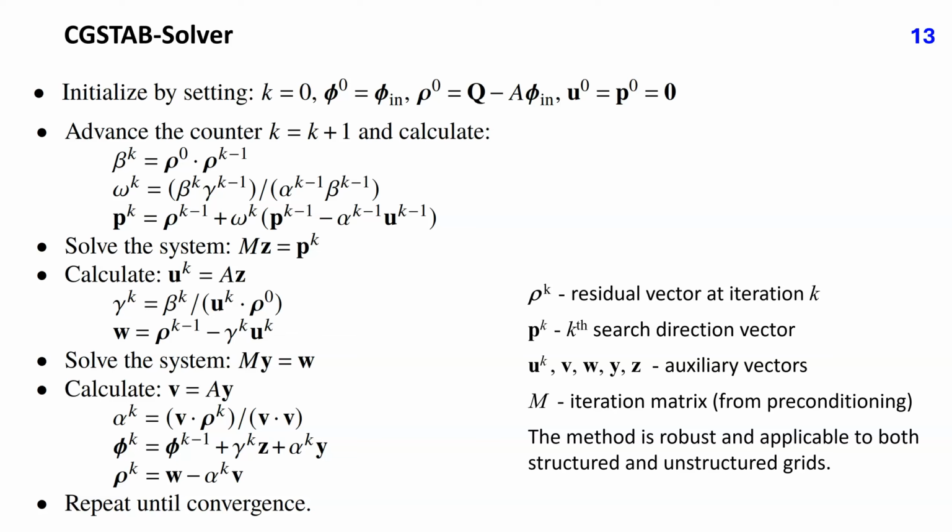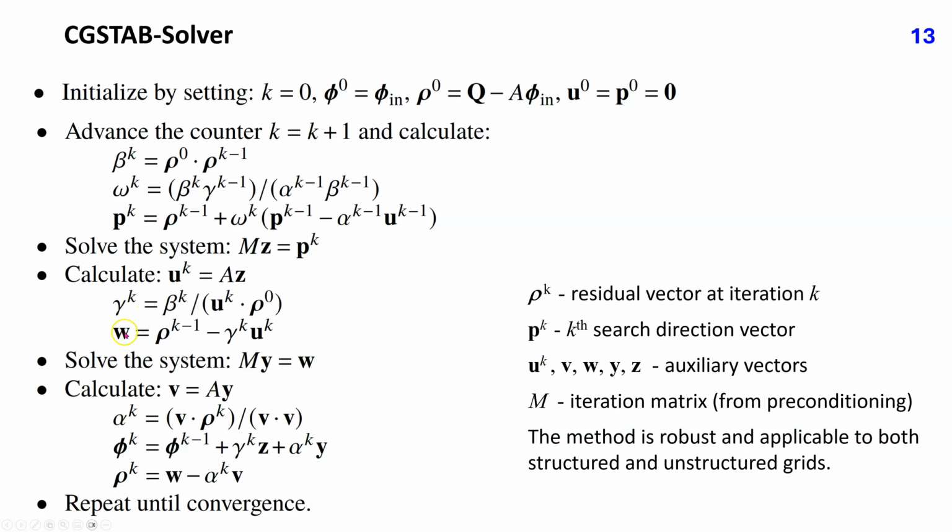M is the iteration matrix which depends on preconditioning. Next, we compute the vector uk as the product of the matrix A and vector z. We then take the dot product of uk and the initial residual vector ρ0, and the ratio of beta k with this product is denoted as gamma k.